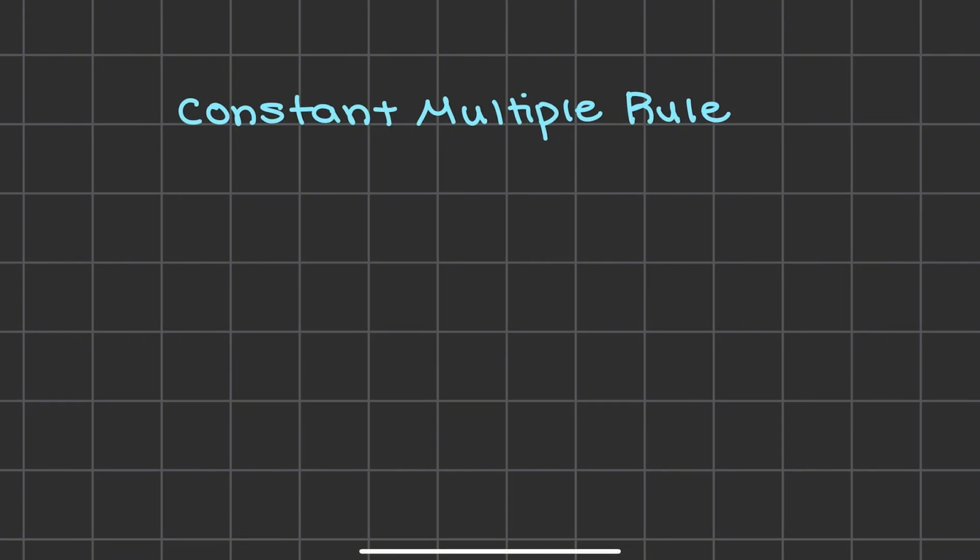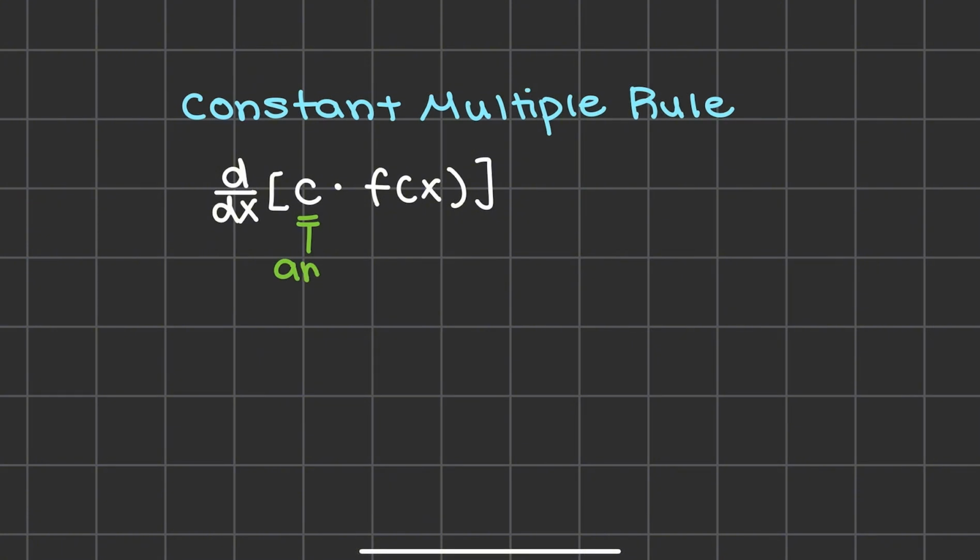Now let's move on to our second rule. The second rule is called the constant multiple rule. It essentially says that if you're trying to derive a function that is multiplied by a constant, so the derivative of c times f of x, where c is any number, the answer is equal to c multiplied by the derivative of f of x.